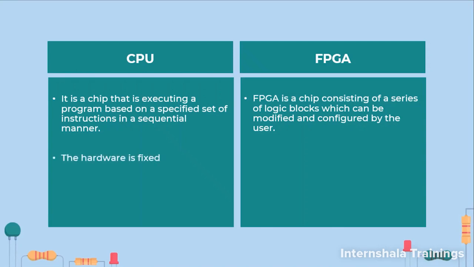In the CPU, the hardware is fixed, whereas in FPGA, the hardware components can be reconfigured as per the user requirement. What are these reconfigurations? We will discuss these in our training when we talk about the FPGA implementation in detail.